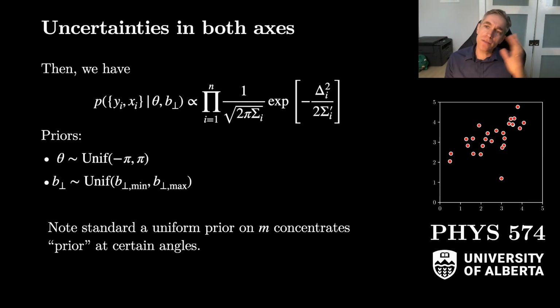That puts a lot of slopes at relatively large angles with respect to the x-axis, and that may be appropriate for your data model, but the uniform prior on the slope really concentrates that prior up at angles that are close to the y-axis, because on any interval, most of the lines will be steep because of this inverse arctangent relationship between the slope and the angle. By choosing the angle to be uniform, you essentially are less biased towards any particular range of slopes.